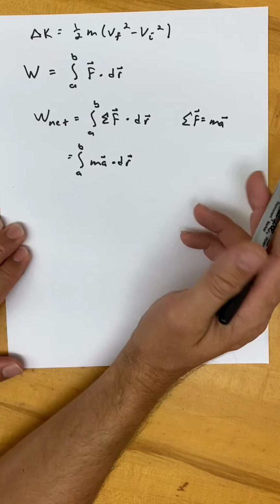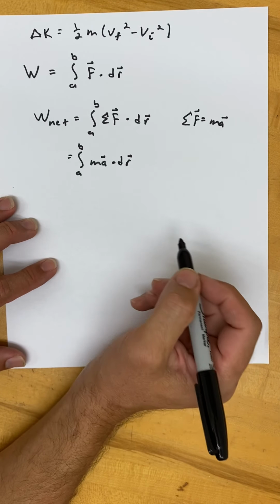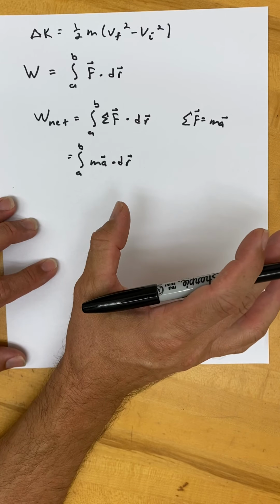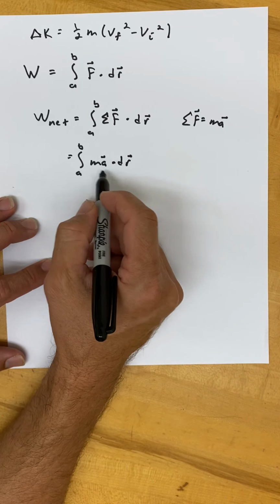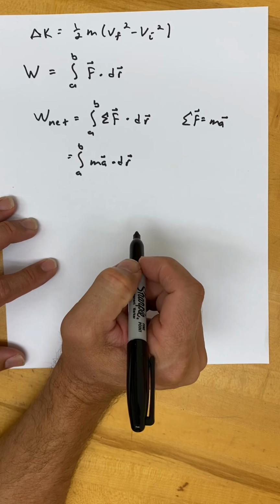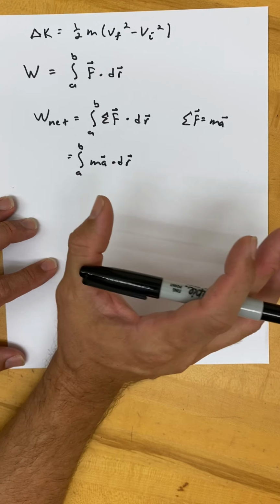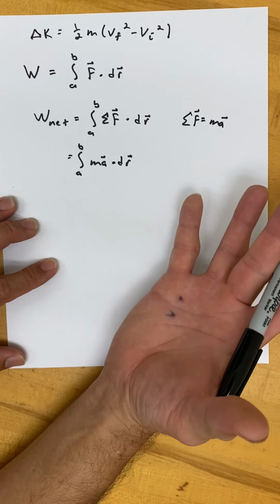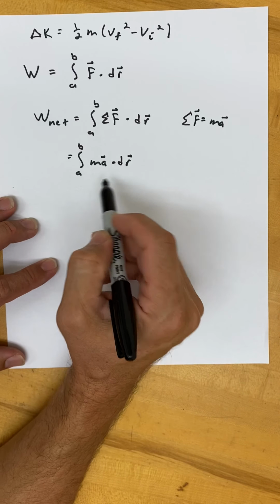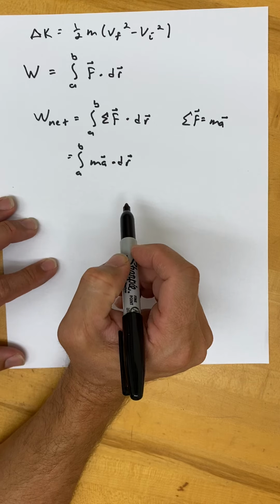We'll get there. But if I make this assumption that the acceleration and the displacement are parallel to each other, at the very least anti-parallel, what can I do there? Well, that means that the cosine of the angle between these two vectors is 0 or 180 degrees. By magnitude, then, I'm going to get 1 either way. Of course, I'm going to get a negative sign from 180 degrees. But let's assume for the moment that all I care about is the magnitude.